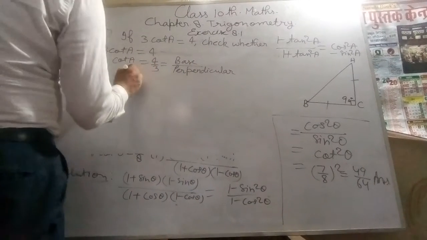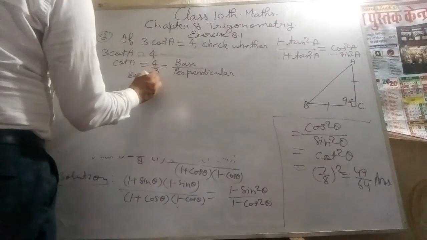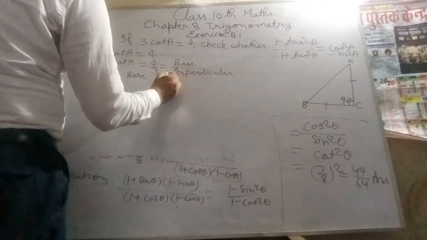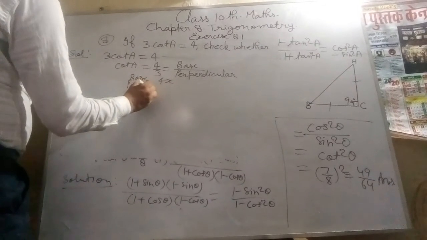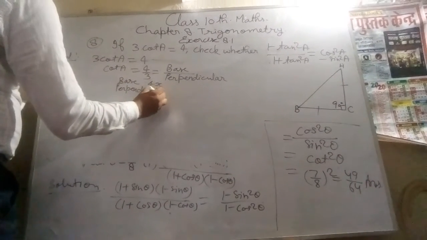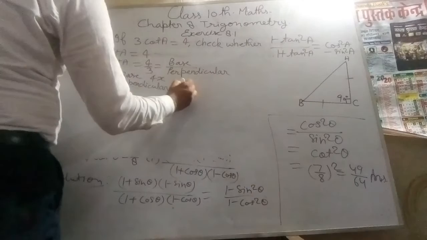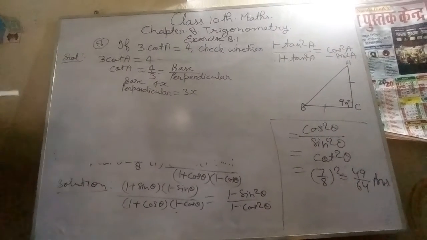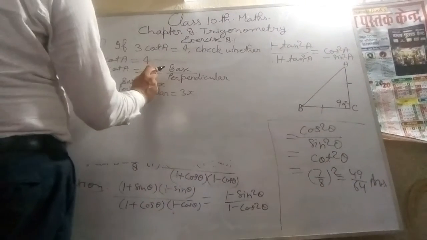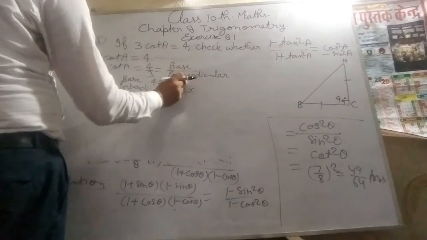Then base equal to 4x and perpendicular equal to 3x. Here x is the highest common factor, HCF between base and perpendicular.